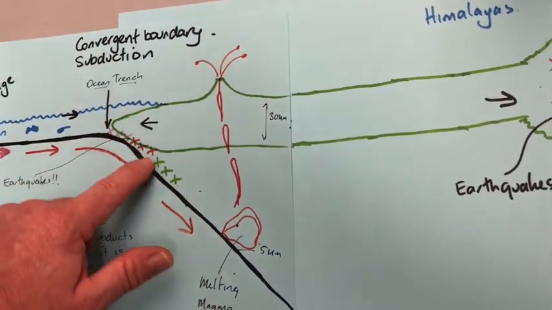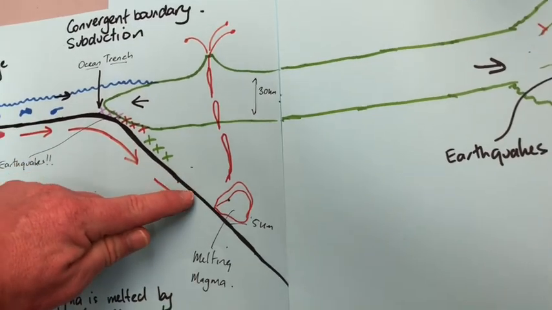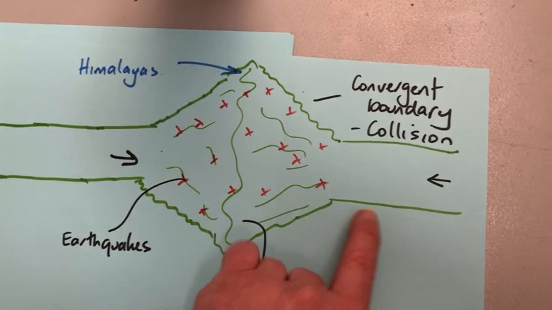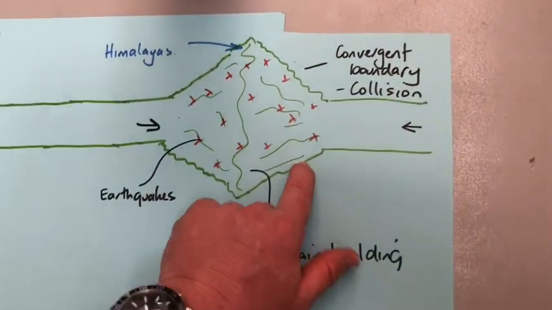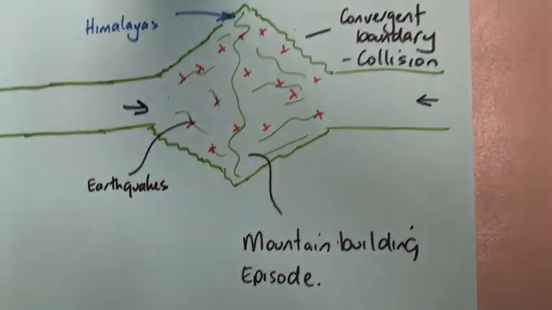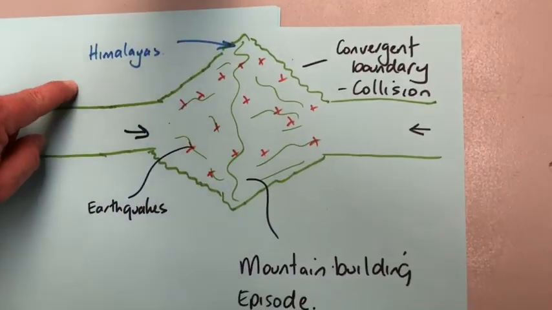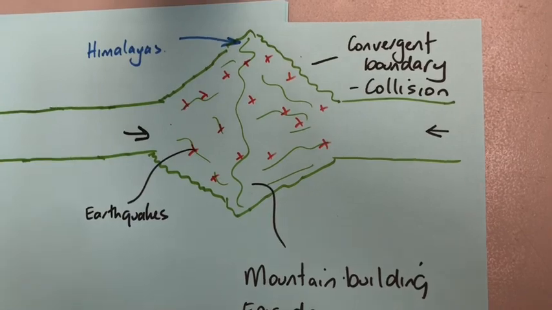We've got earthquakes occurring as this plate is being pushed under another. As we move along and two continental plates collide with each other, they crash together to form a mountain building episode in a collision, forming features just like the Himalayas.